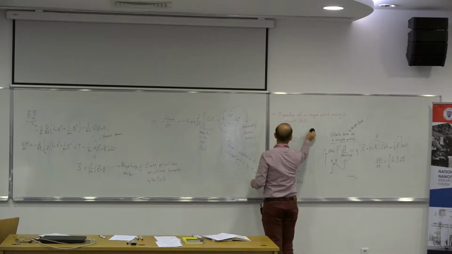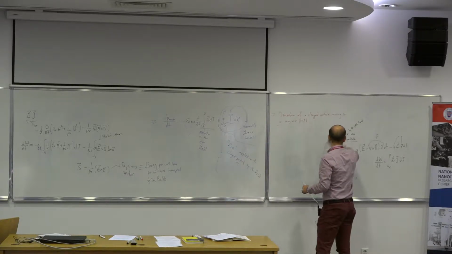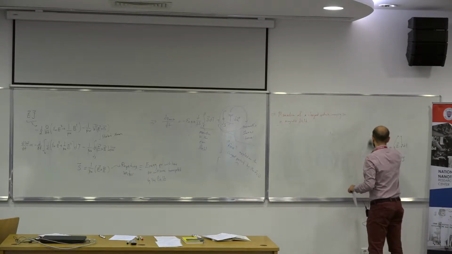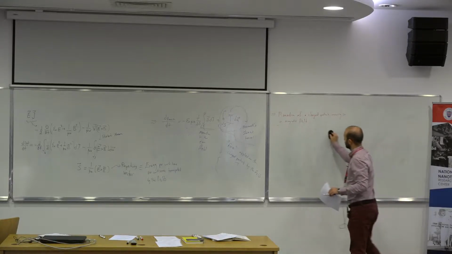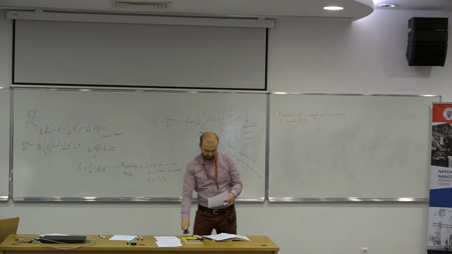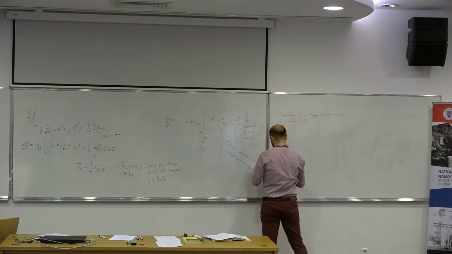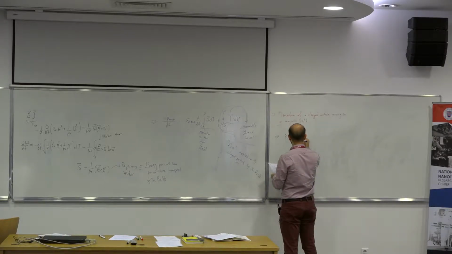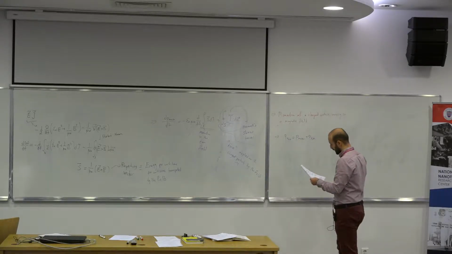Now, finally, I'm back at where I started. Let me write down the expression for a charged particle moving under the influence of an electromagnetic field. Now, the total momentum is given by mechanical momentum plus the electromagnetic momentum.